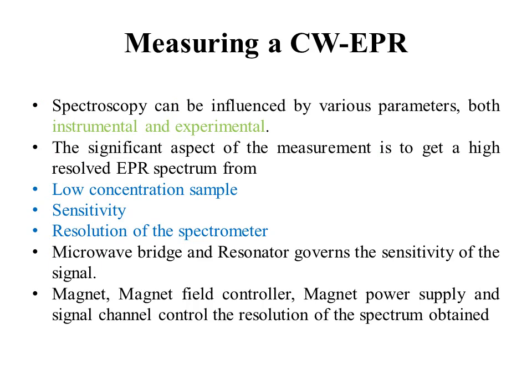Measuring CW-EPR spectroscopy can be influenced by various parameters, both instrumental and experimental. The significant aspect of measurement is to get a highly resolved spectrum from a low concentration of the sample of interest, which is dependent on the sensitivity and resolution of the spectrometer.